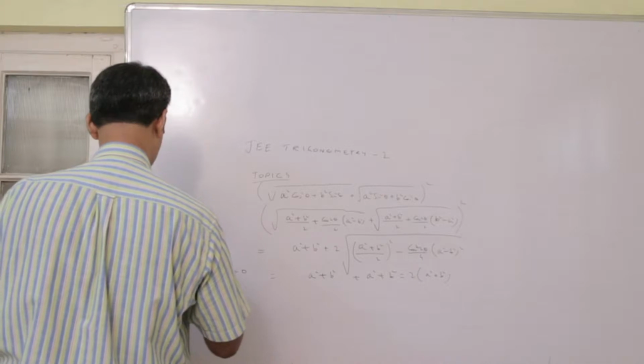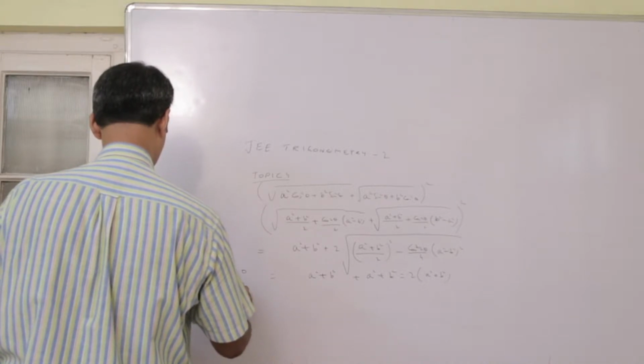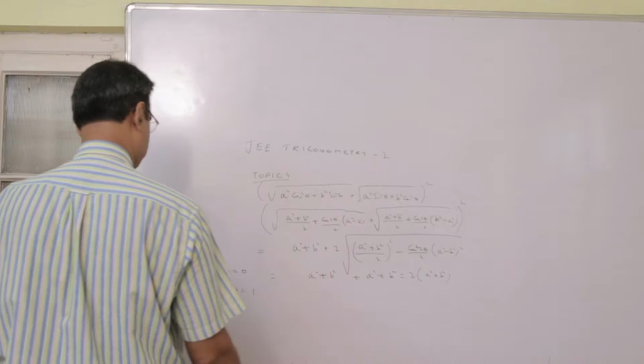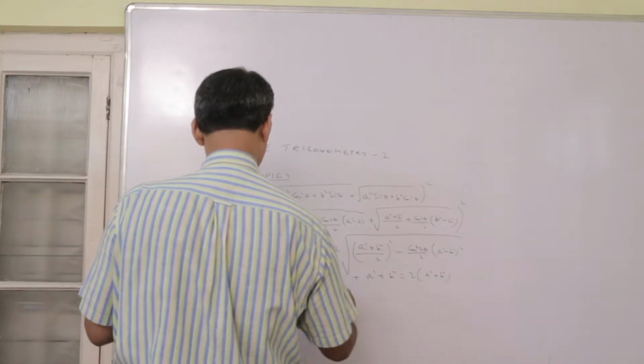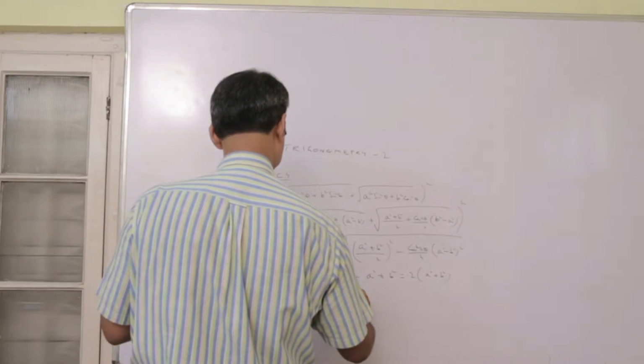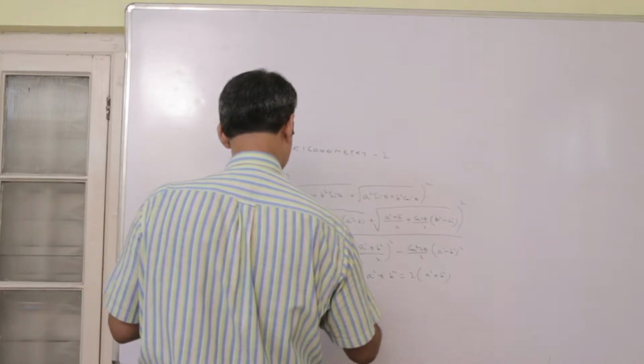On the other hand, if cos square 2 theta is 1, then this is what we will get.